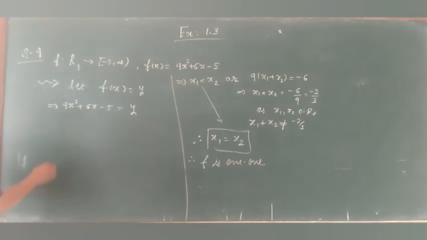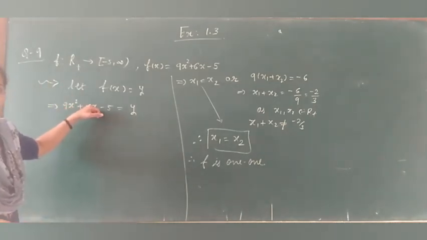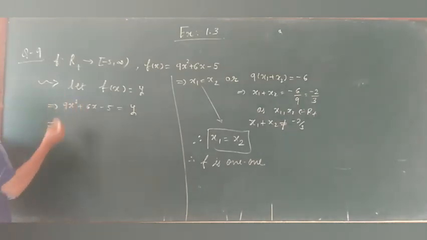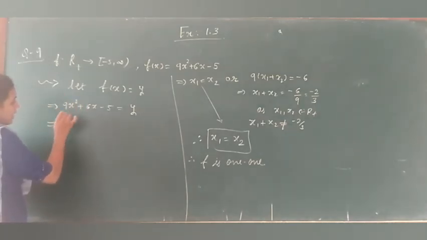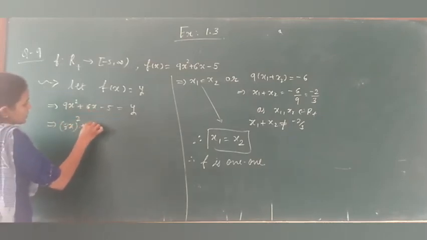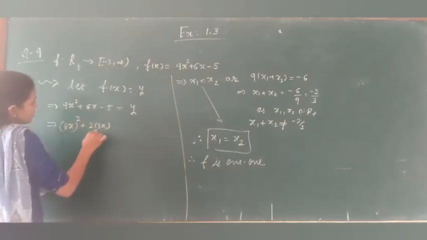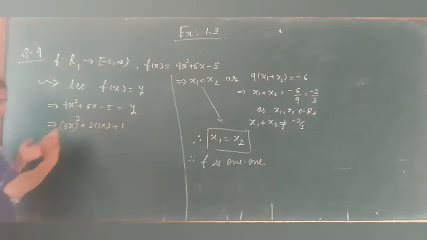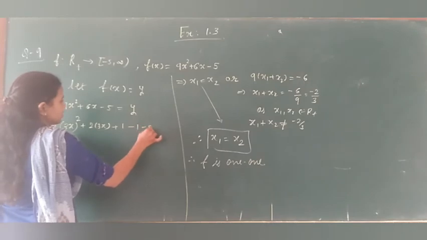Whenever we are solving this question, we can solve in two ways. First, we can convert it using the completing square method. So this is 9x square, that means 3x whole square. 6x can be written as 2 into 3x. So 3x is already there, so plus 1 we require. When we are adding plus 1, we have to subtract 1.